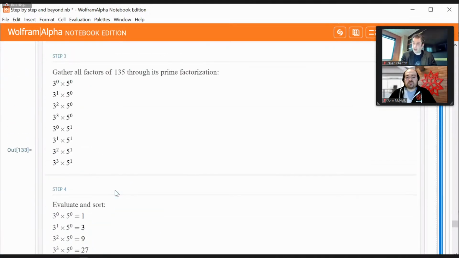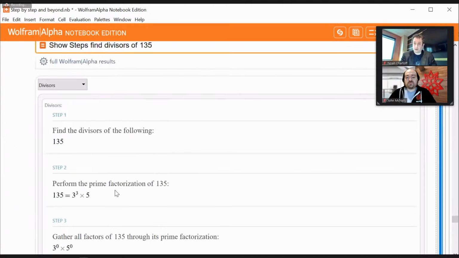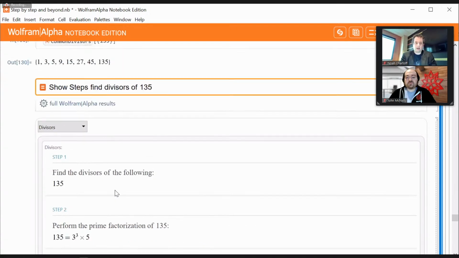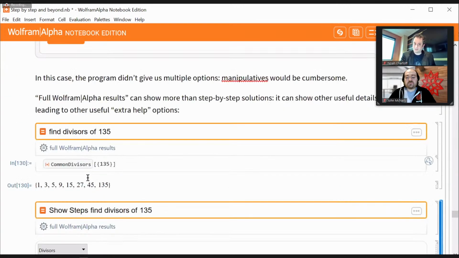Great, I like that. Probably that's going to be enough for an awful lot of people looking to solve this sort of problem, but it kind of skipped a step for me in explaining how the heck it found that prime factorization.